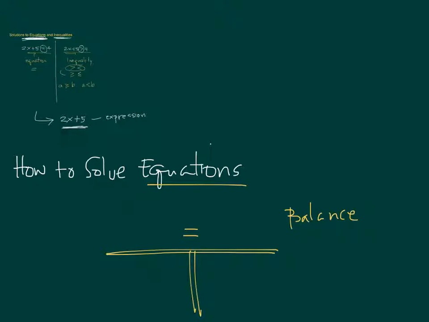So to maintain a balance, for example, let's look at objects. If I will put an object here and there's no object here, the tendency of our line here will be in this way, right? So to preserve the equality, if you add an object here, you should also add the same object on the other side so that it will maintain the balance.